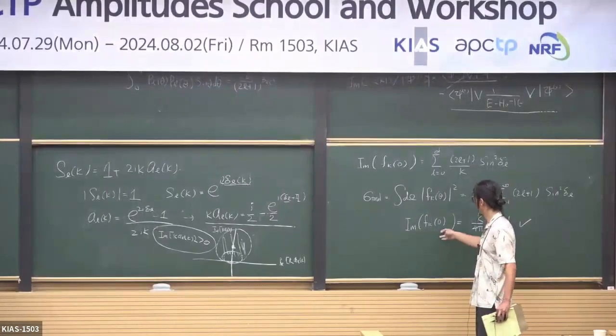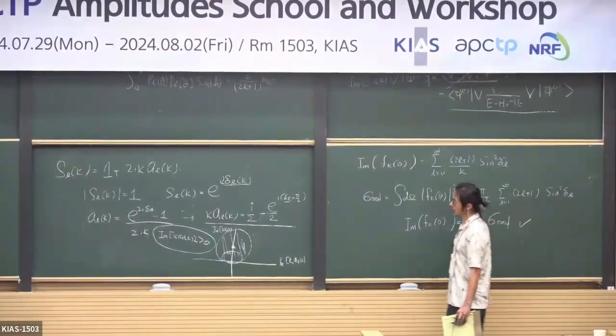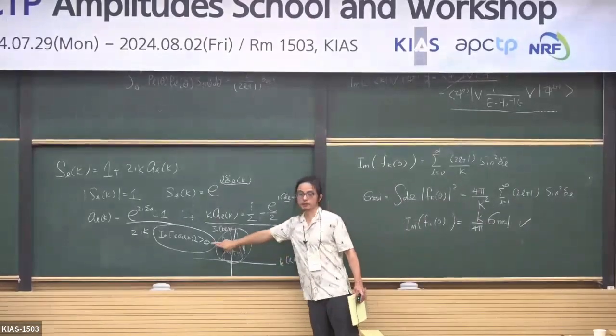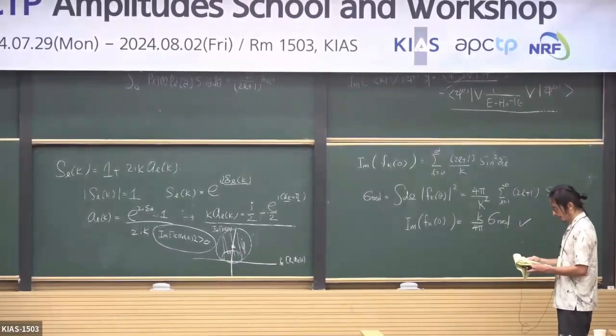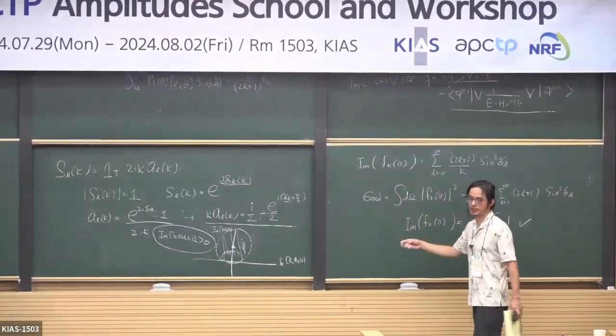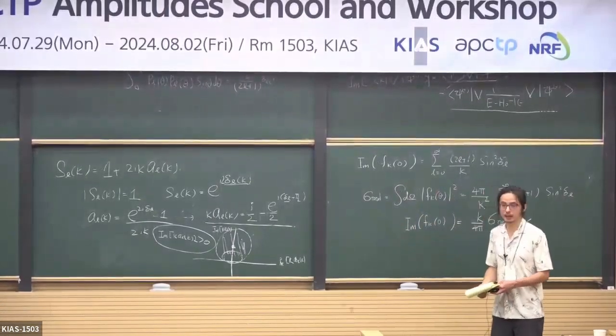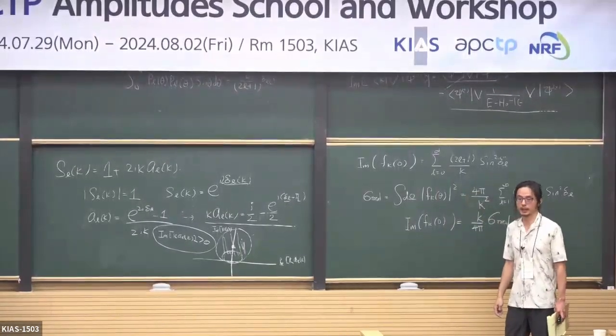But of course, that is a statement about the sum of partial waves, while here this is a statement about the individual partial wave. So this is basically the highlight of what you learned about scattering theory in your quantum mechanics.